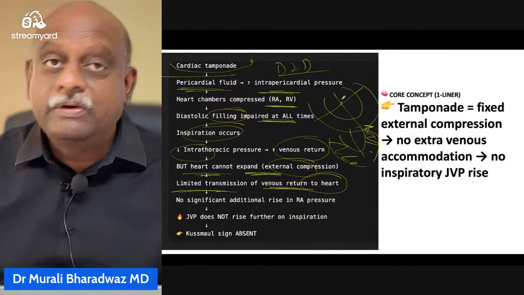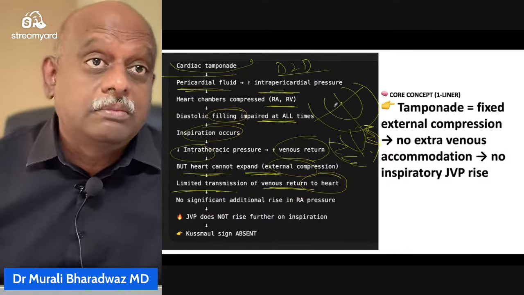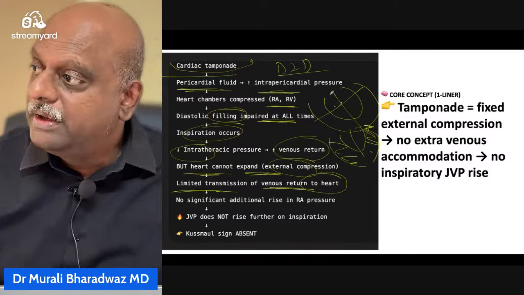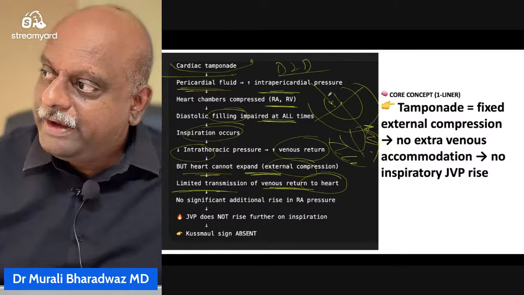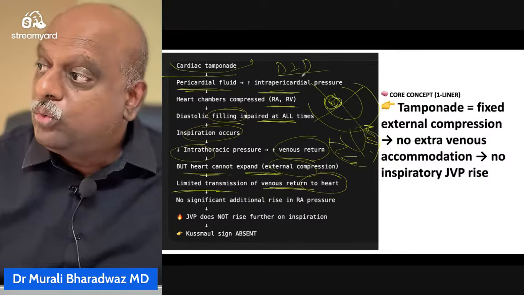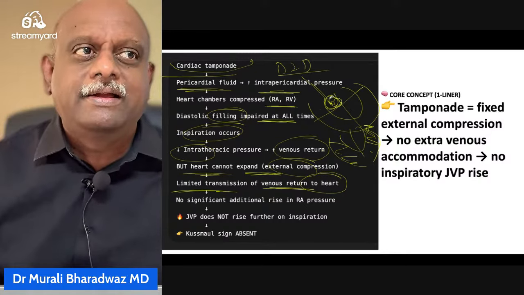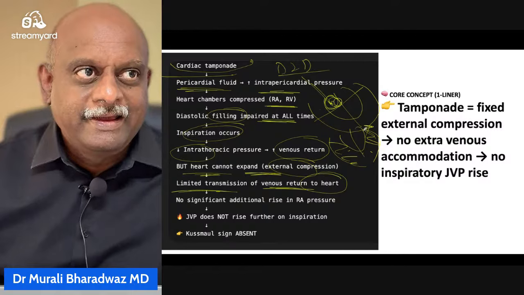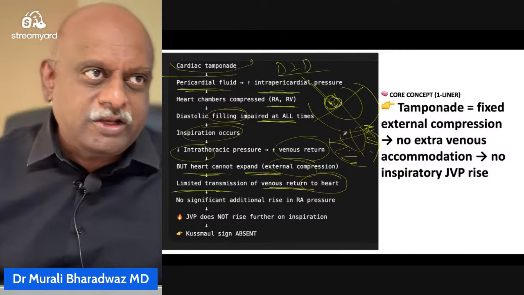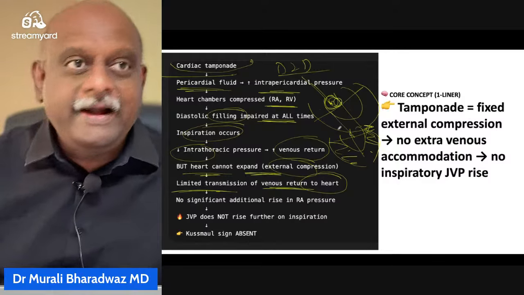In constrictive pericarditis, it is not naturally collapsed. It will get filled, only not additionally filled during inspiration. Here, whether it is inspiration or expiration, it is not ready to get filled at all.